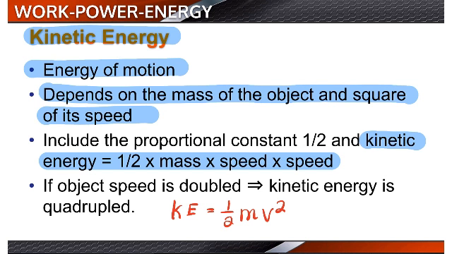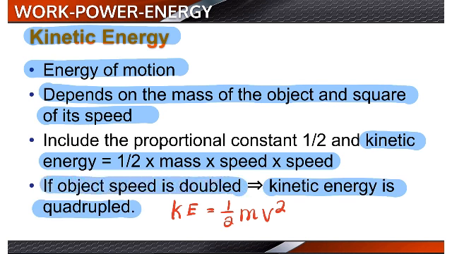Now that does have some implications, because if the speed of your object is doubled, what happens to the kinetic energy? If we plug in some numbers, we would find that the kinetic energy is going to be quadrupled every time that you double your speed. That's why you shouldn't exceed the speed limit to the extent that some people do, because if you are doubling your velocity inside of a school zone, the amount of kinetic energy is quadrupled, so you're going to require a greater amount of time to stop.